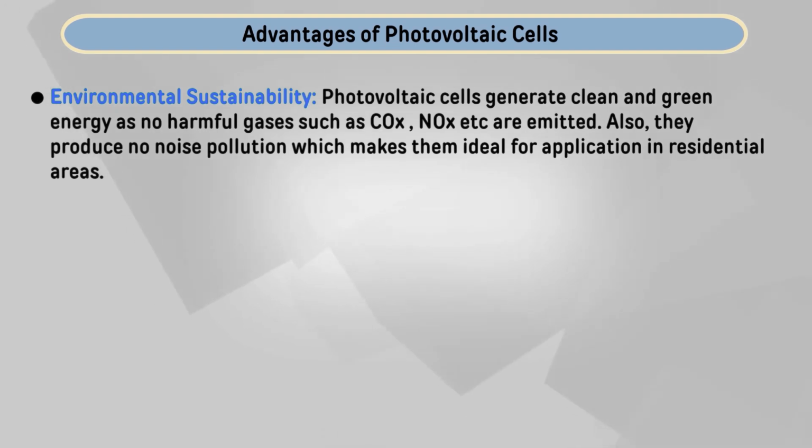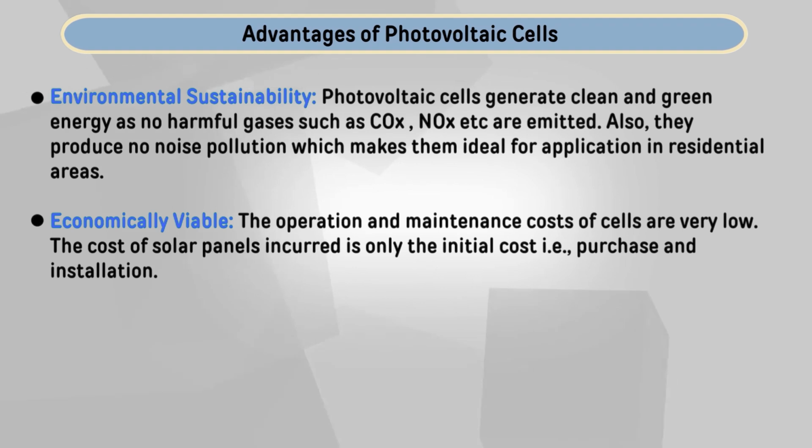So, it is an environment friendly device, and it is also economically viable, because the operation and maintenance costs of these cells are very low, because this is a semiconductor based device. One good thing about semiconductor technology is that semiconductors are cheaper compared to metallic or other types of devices.